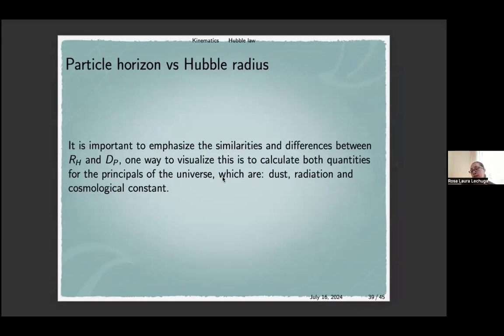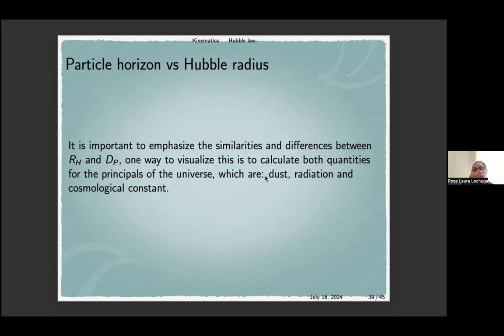But if you now have a cosmological constant, the quantities are totally different. So you can compute. It's a kind of homework. You can compute these quantities and tell me what you obtain for the case of dust or radiation.